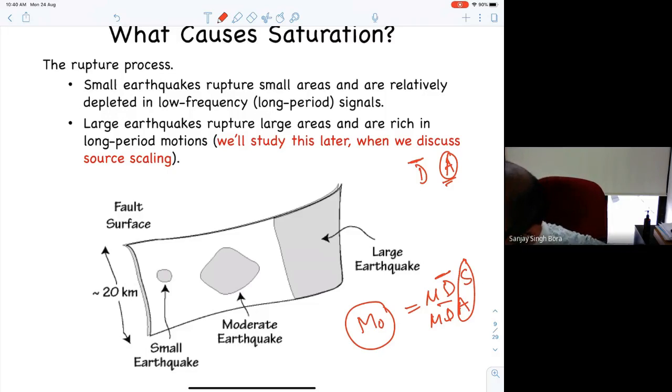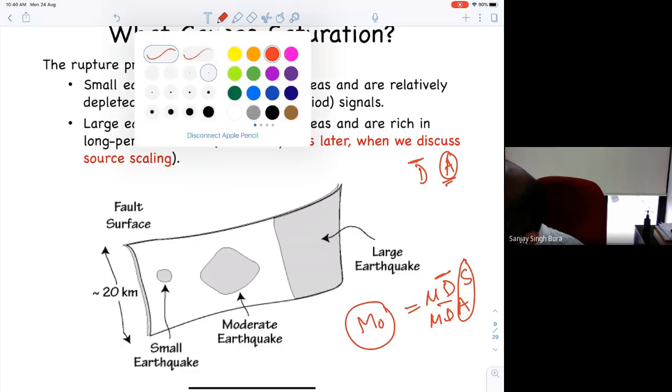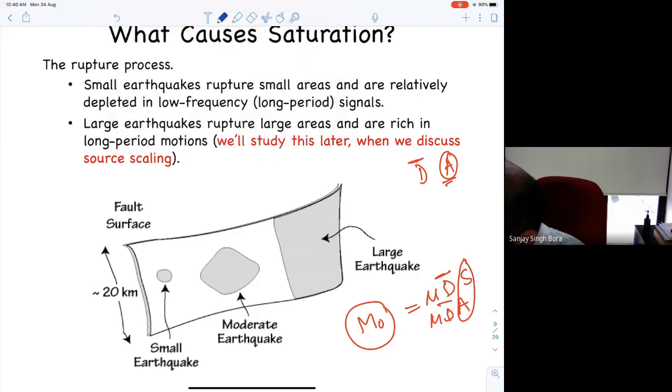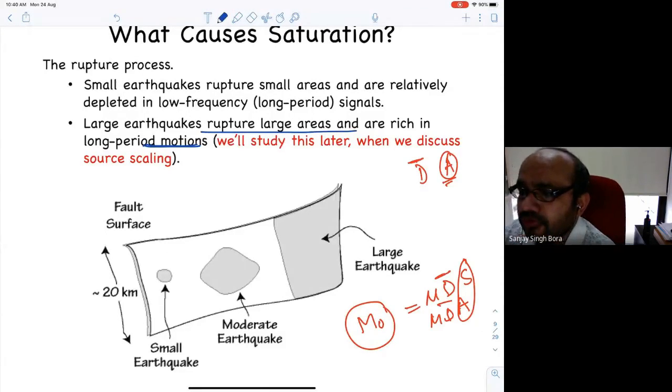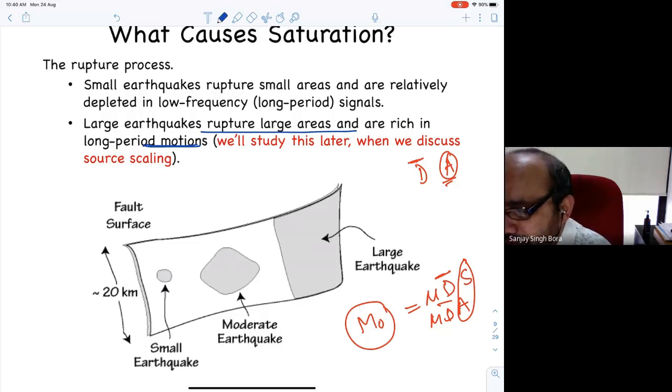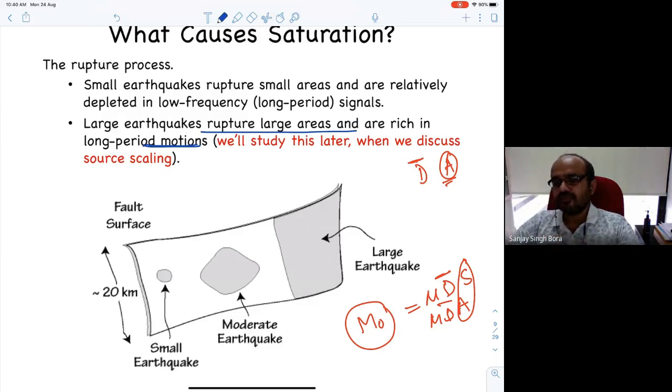Whereas large earthquakes rupture larger areas, and one important thing is that larger earthquakes generate more low-frequency content. This we will see from the source spectrum also. You can imagine that when a larger earthquake is breaking, it will generate signals with longer wavelength also.